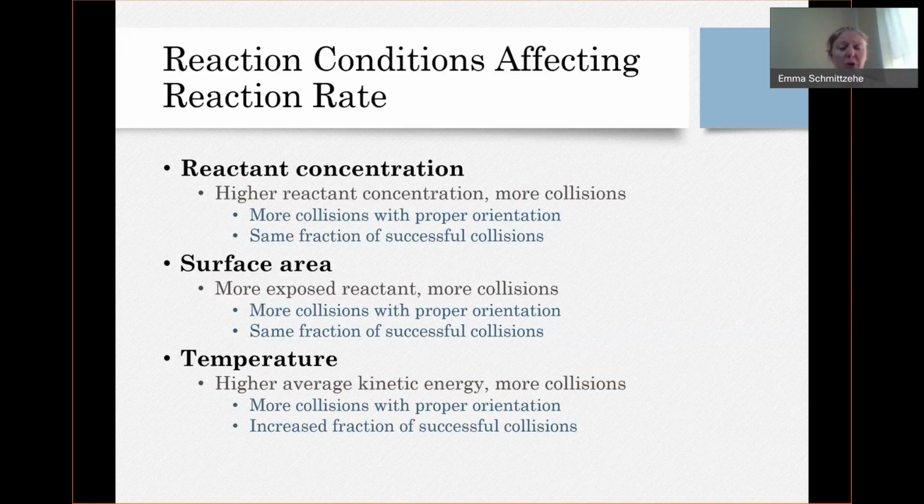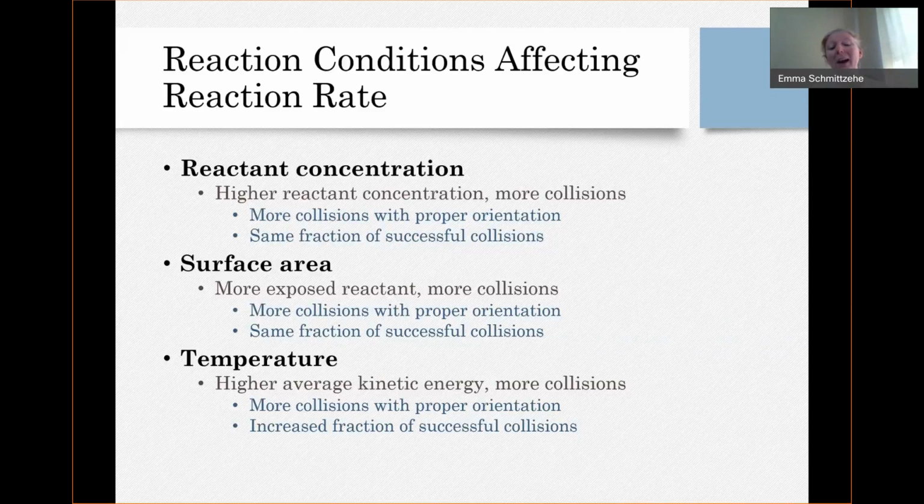We can change the temperature of the reaction, so we can increase the temperature or decrease it. If we were to increase it, we would be increasing the kinetic energy that the reactant molecules have. And so they're moving faster, okay? And if they're moving faster, you're going to have more collisions again. So that's another way you can increase the number of collisions. And so if you have more collisions, you're going to have more with the appropriate orientation just because you have more collisions.